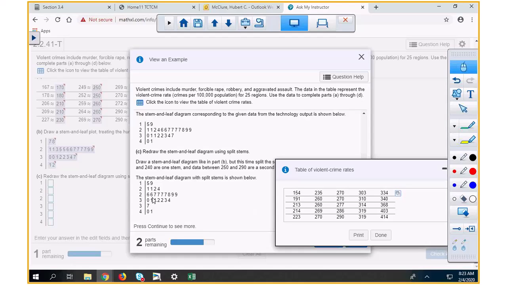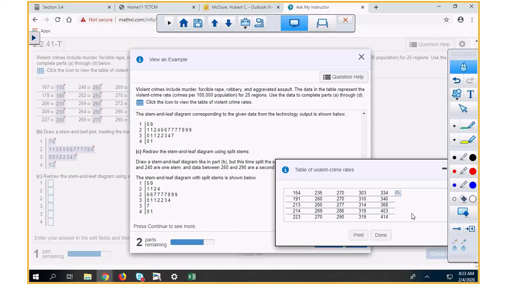And then you go 250. And what's after 250? Well, there's 260, 260, 270, 270, 270, and you go up to 300. And then you go from 300 to 340. Okay? And there's 300, 310, 310, 320, 320, 330, and 340.